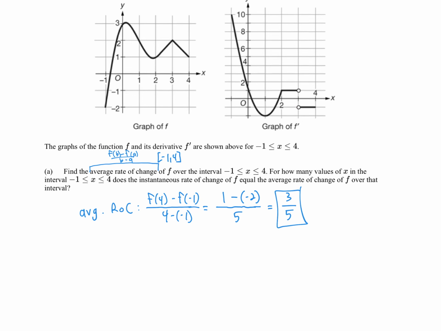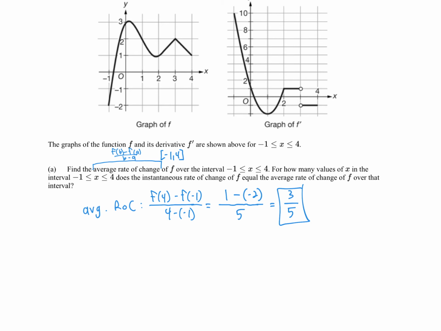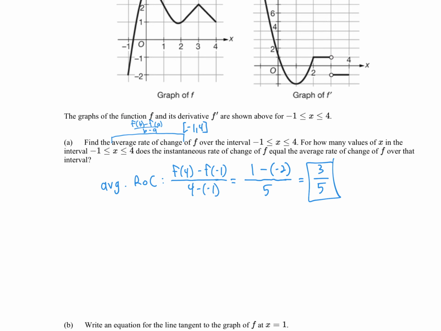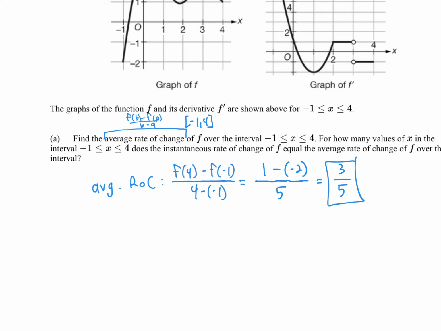Okay, now they say, for how many values of x in the interval from negative 1 to 4 does the instantaneous rate of change... Okay, so every time you see instantaneous rate of change of f, remember this is always f prime.